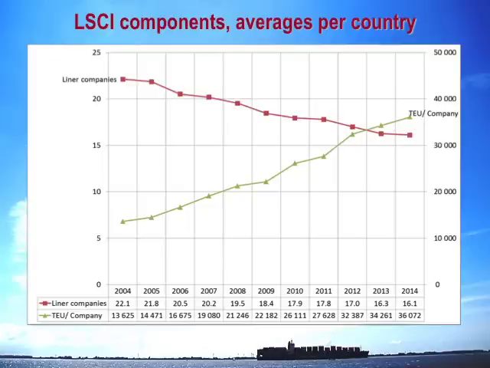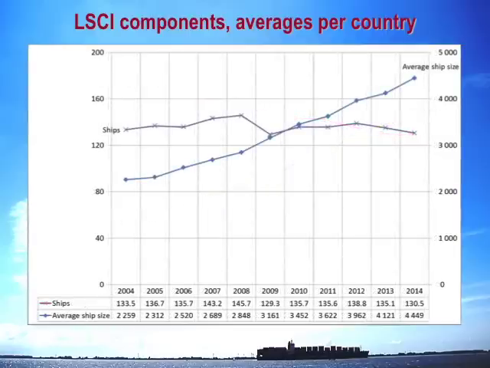By the same token, we have on average more or less the same number of ships deployed on services from and to each country, whereas the average ship size has grown very much, almost doubled over the last 11 years.